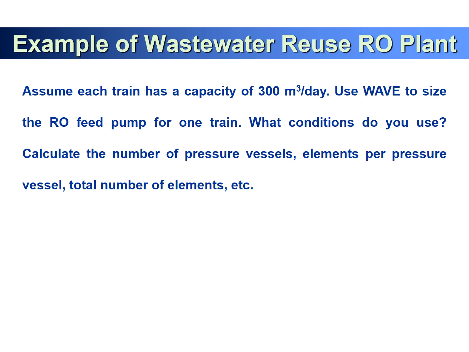What conditions do you use? And calculate the number of pressure vessels, elements per pressure vessel, and total number of elements. This example is very similar to your assignment 3, but the difference is the feed water quality, which is wastewater reuse.